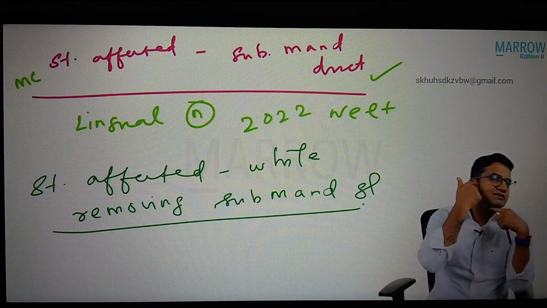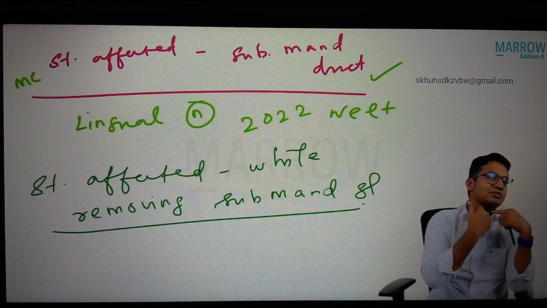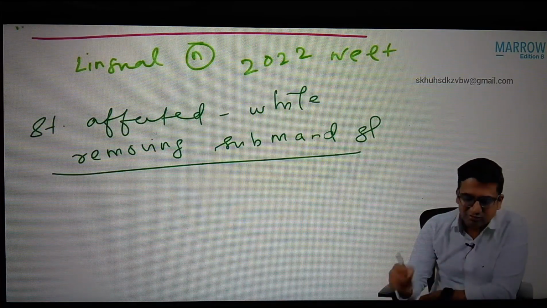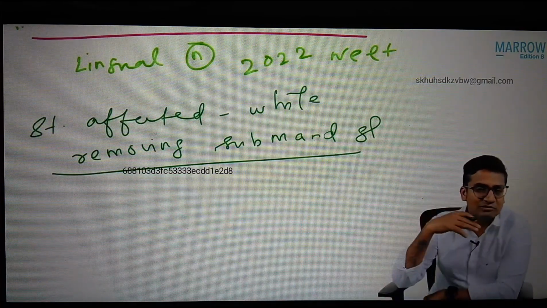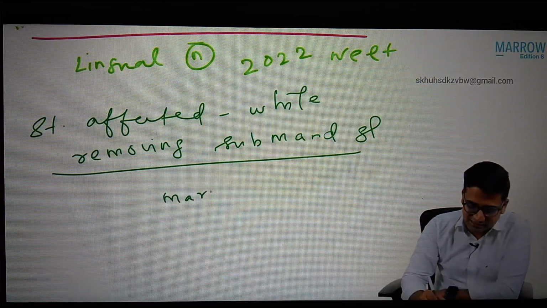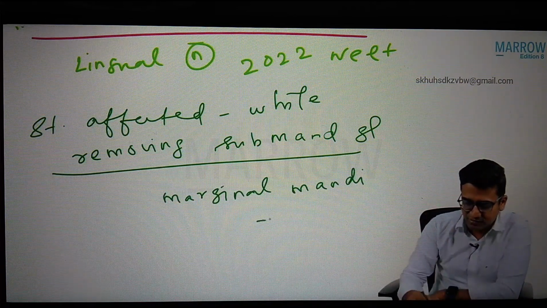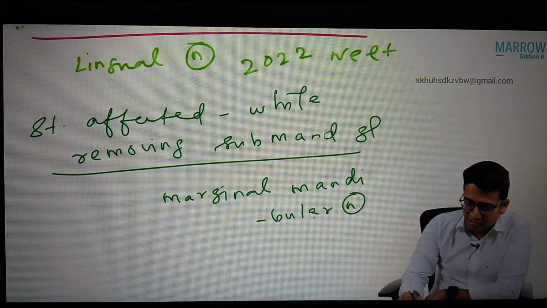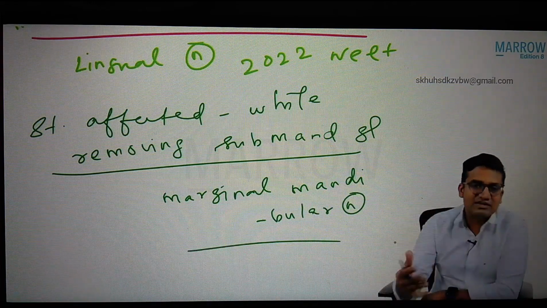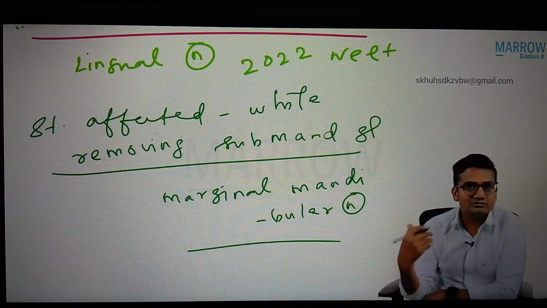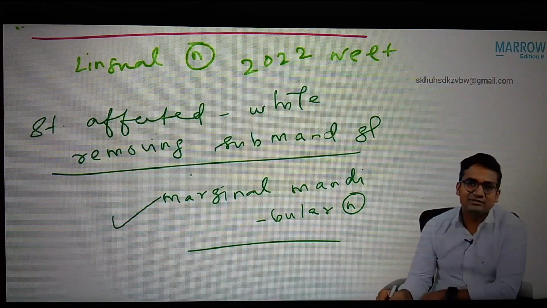Which nerve? That nerve descends along the margin of the mandible, the marginal mandibular nerve. So the structure affected while removing the submandibular gland is the marginal mandibular nerve.